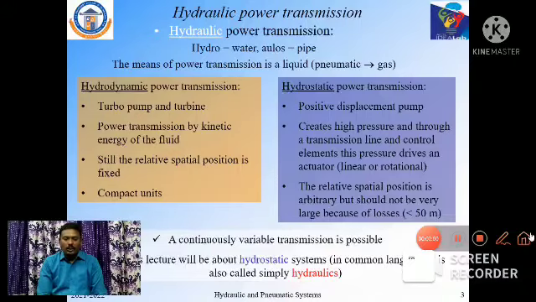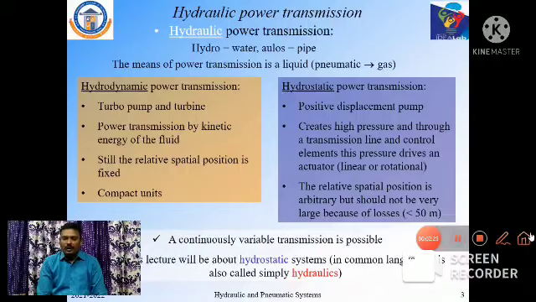In hydraulic power transmission, hydro means water, and the medium of transmission is a liquid or, in pneumatics, gases. In hydrodynamic power transmission, turbo pumps or turbines transmit power by the kinetic energy of the fluid. Still, the relative spatial position is fixed, as a compact unit.